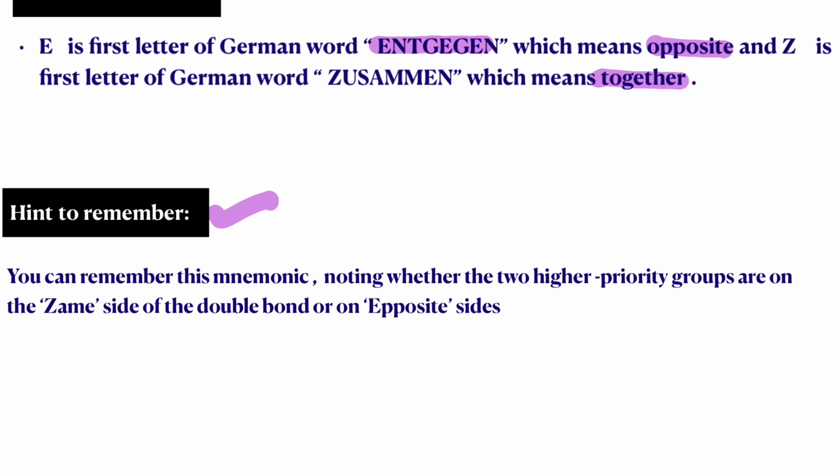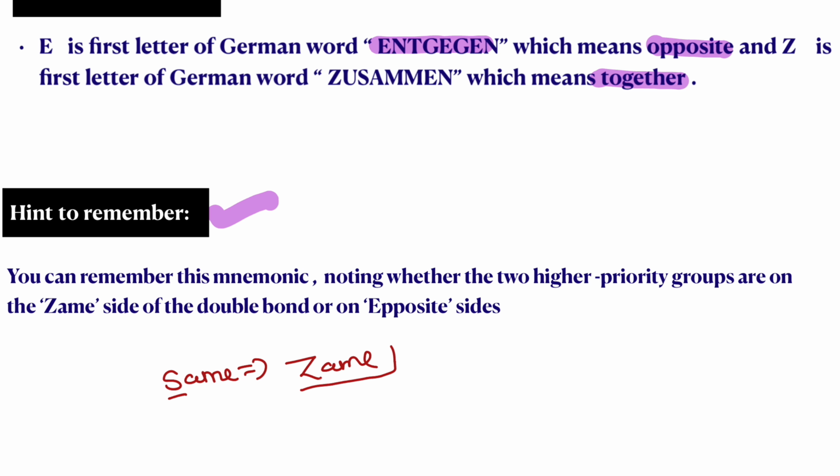And I'll give one hint to remember, because most of the students are getting confused. Cis and trans, okay, but E and Z, they are getting confused. So what is the mnemonic I am going to give to remember this EZ configuration? In case of same side, instead of S you write Z, same.